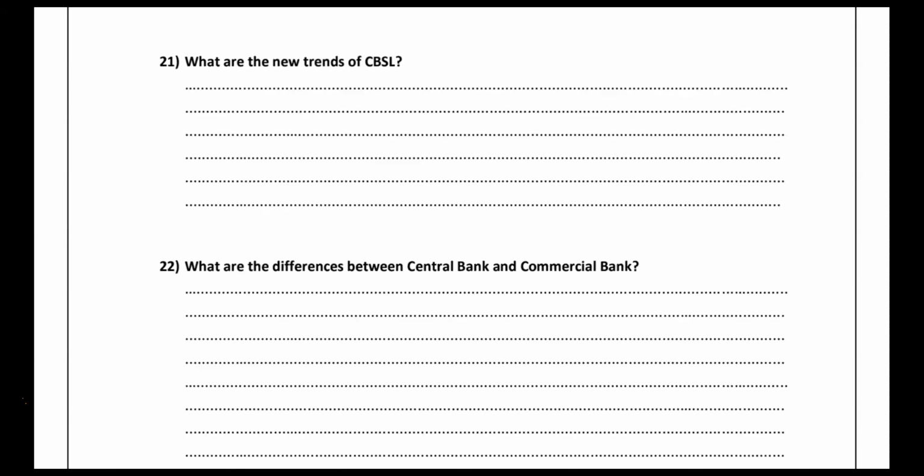And the next one is, you know the aims or goals of CBSL, right? We have two main goals. The first one is maintaining economic and price stability. And the second one is maintaining financial system stability.